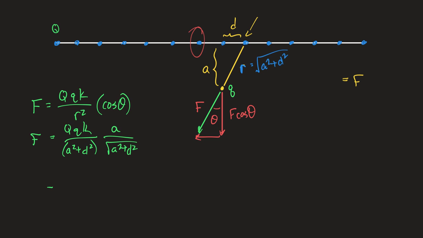And then I could combine it all. Q, q, K times a all over a squared plus d squared to the 3/2 power. Now that is these two. Everything good so far?